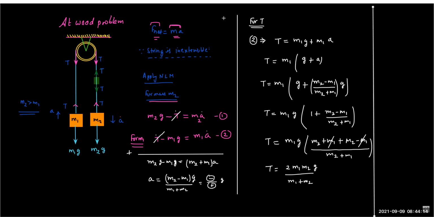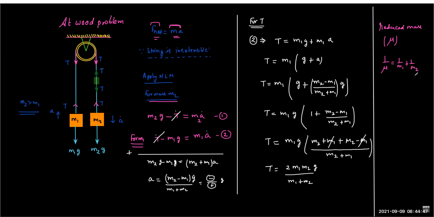And in physics, the term M1 M2 upon M1 plus M2 has been given a very special name. This name is called the reduced mass. It comes with the symbol mu. The reduced mass says that the inverse of reduced mass is always the sum of inverse masses.